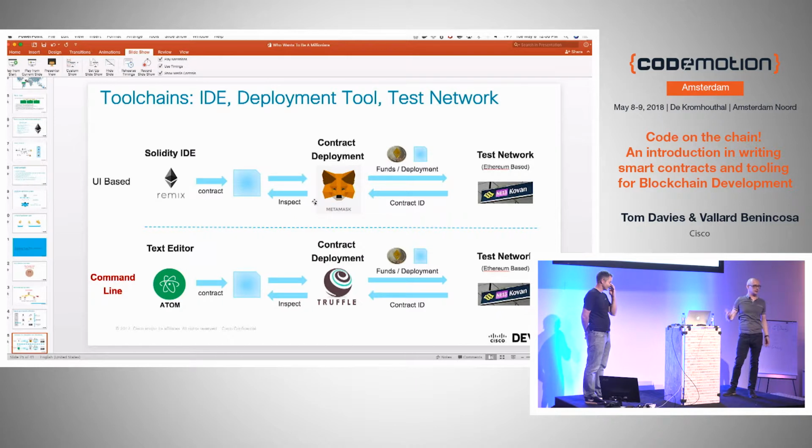We're going to use the Kovan test network so you guys can buy tokens and create contracts yourself without spending actual real money. And then you could also use something like the command line version, which is like Atom. I think Val's going to do the demo today, and Val's a bit of a Vim fanboy, so Val's going to be on Vim, old school. Then we're going to use Truffle as a deployer, command line. And then we're going to go to Kovan as a test network.